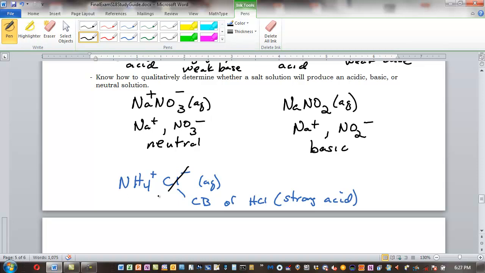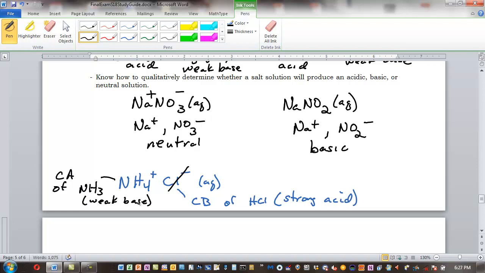But what do you know about ammonium? Conjugate acid of a weak base, ammonia. Remember, the acid has one more H plus than the base. So take away an H plus from ammonium to get, well, that was supposed to say ammonia, NH3, which is a weak base.